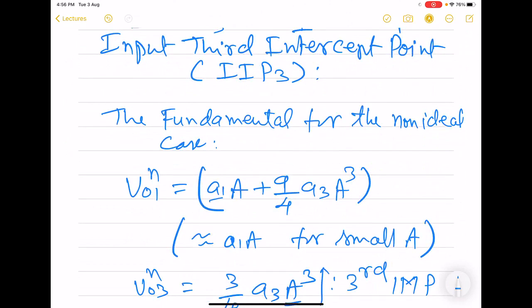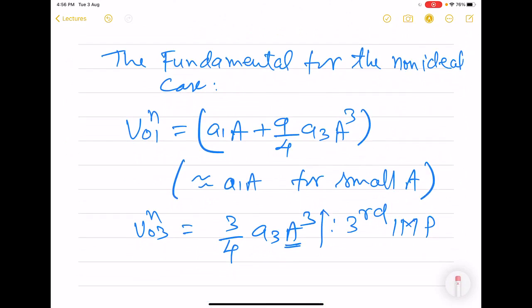And here A1 and A3 are of opposite sign. So they will start getting compressed, and there will be a scenario when this will possibly catch up with the ideal one. These two will become equal. So now we try to find out what is that input for which they will become equal if their small input plots are extended.